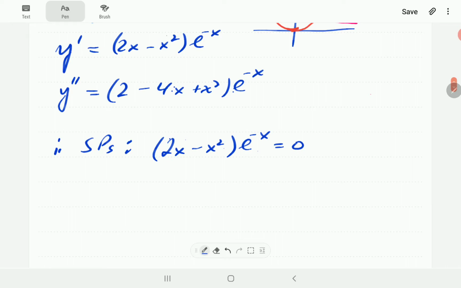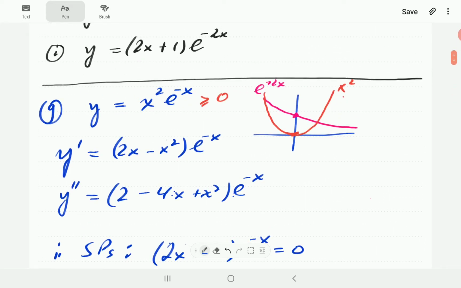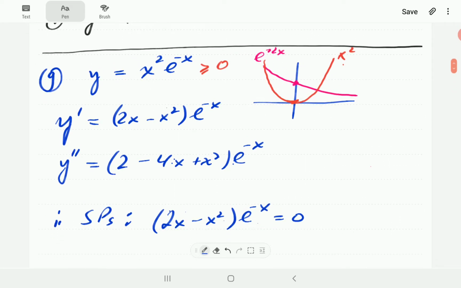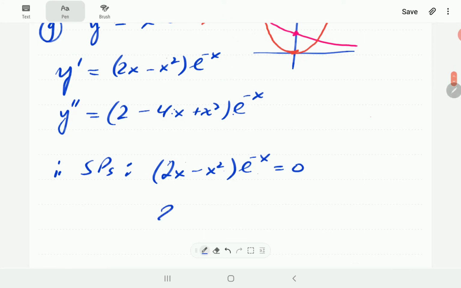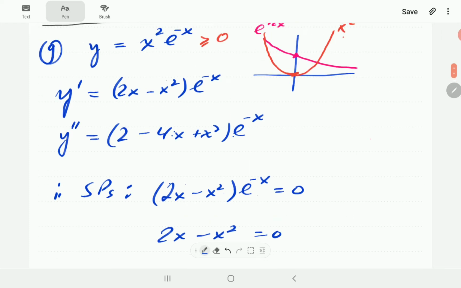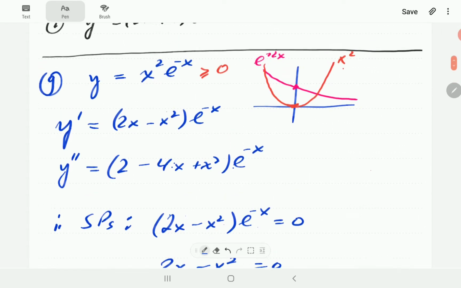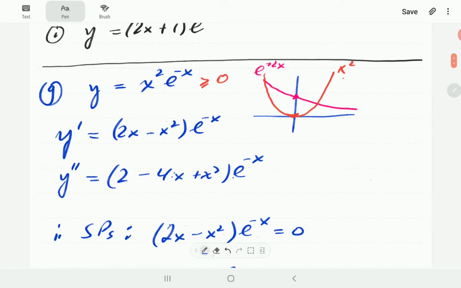Now for this equation, since e to the minus x is never equal to 0, what this equation tells us is that the only way this thing can be 0 is if 2x minus x squared is 0.